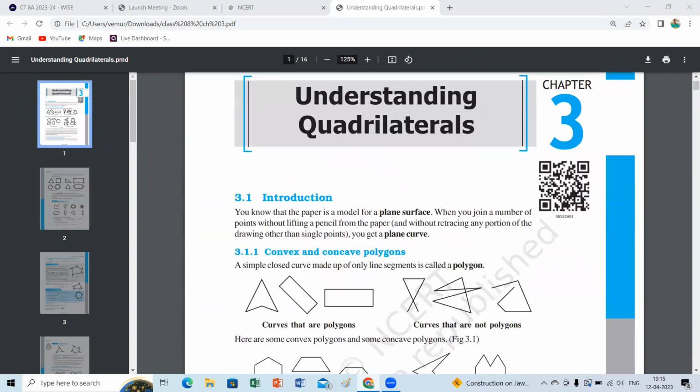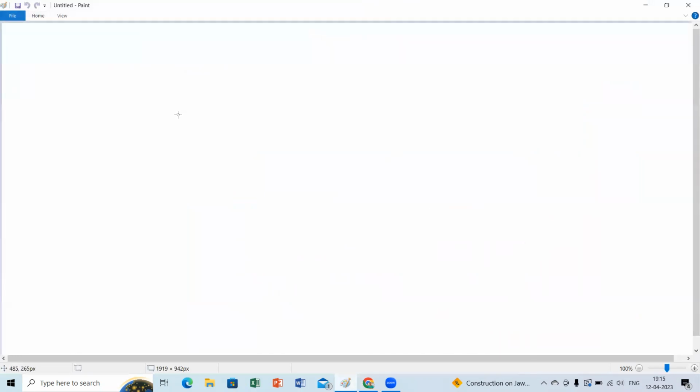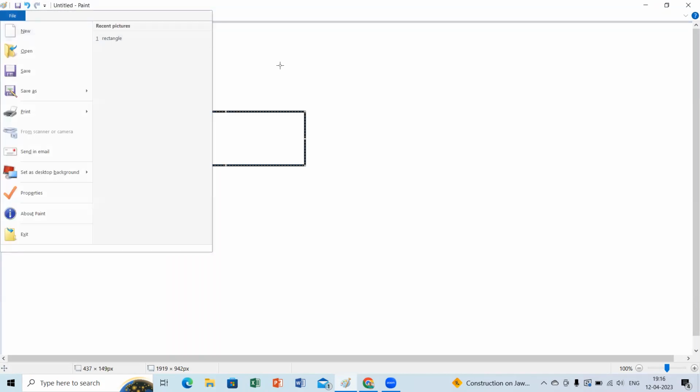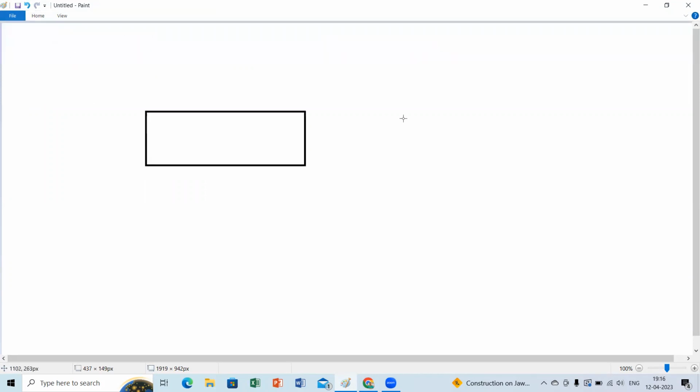Directly an exercise is given; they did not give much about it. Let me go with a few examples. I'm going to take figures like a rectangle or whatever. I'm taking another figure. This is a four-sided one first.